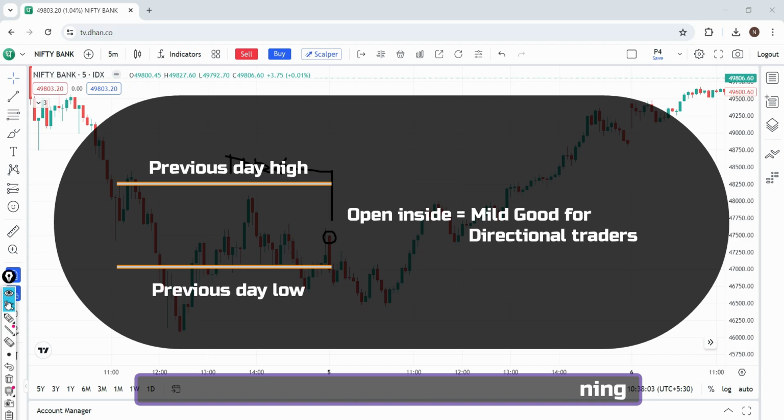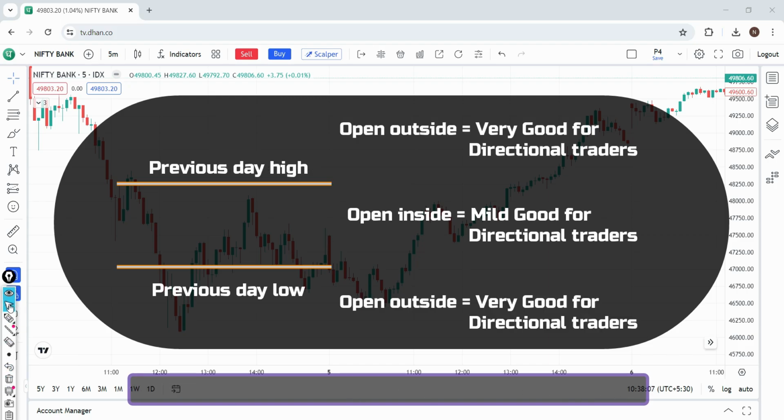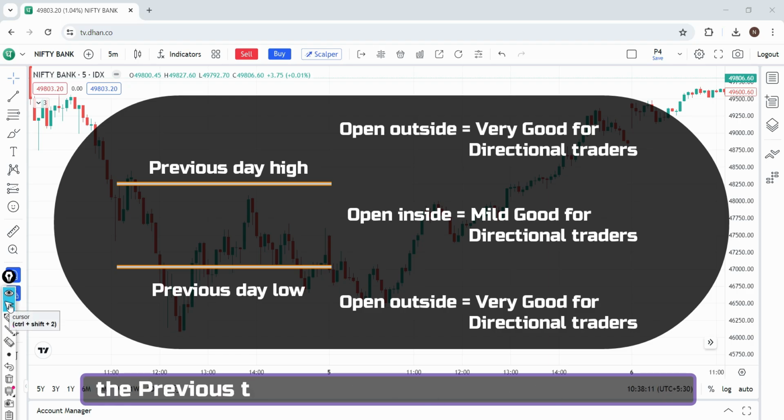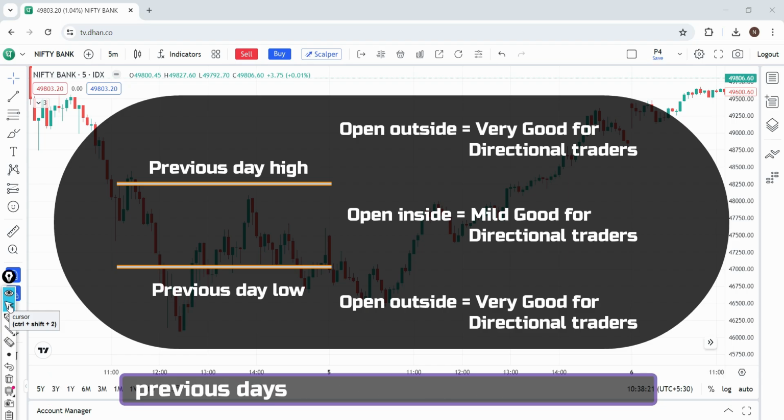I'll tell you why. When price opens outside the previous day's range, a major change has happened compared to the previous trading session. If the market opens inside yesterday's range, there is no big change compared to the previous day's close.